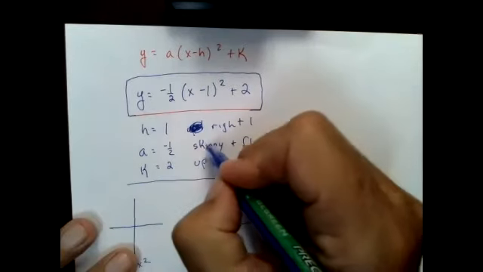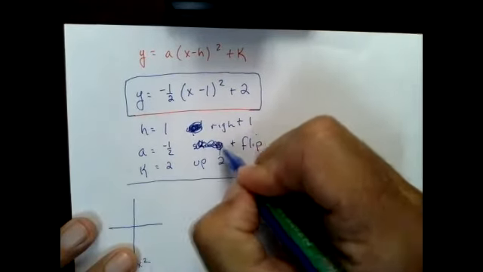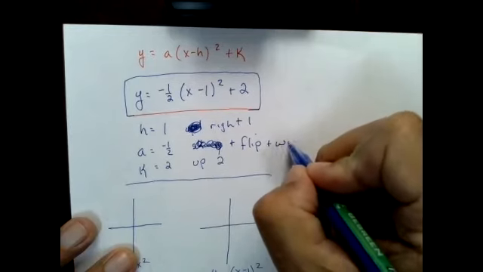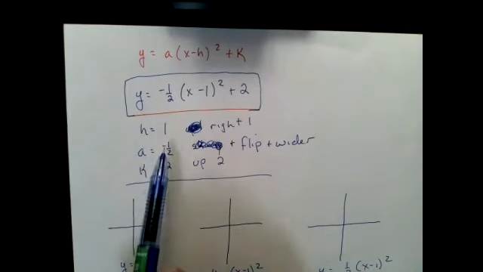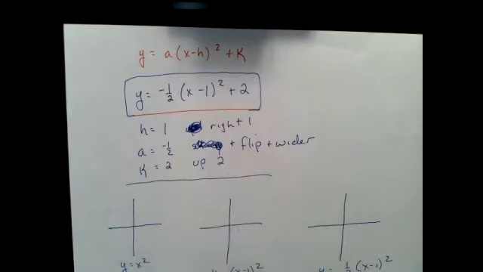And I know the 1/2, oh, I messed this up. It's not skinny, it should actually be wider. It should be wider when it's less than 1. When it was bigger than 1, we had some different things going on. The negative in front also tells me I want to flip it. And then the last thing, k being 2, I'm going to move up 2. So whenever we have a negative value of a, we always flip it. We do a reflection over the x-axis.